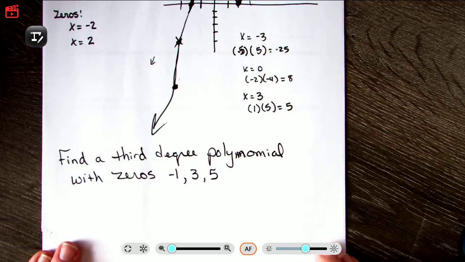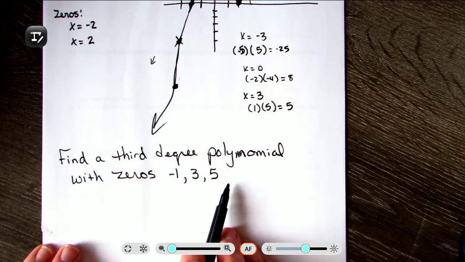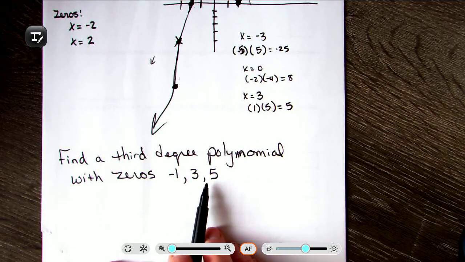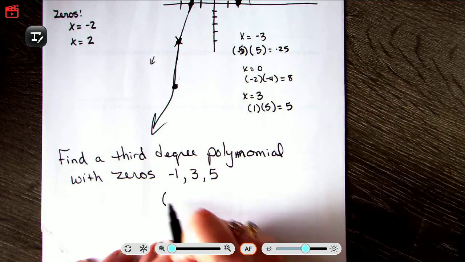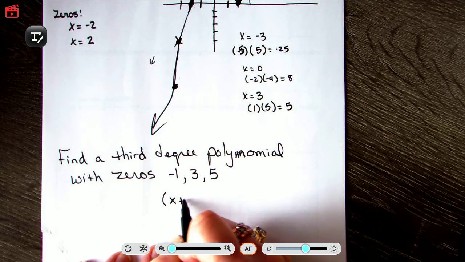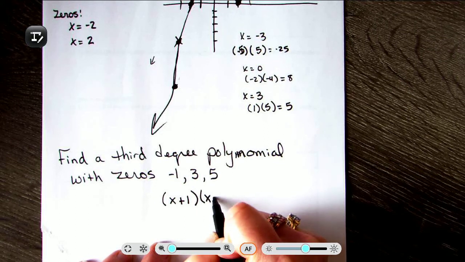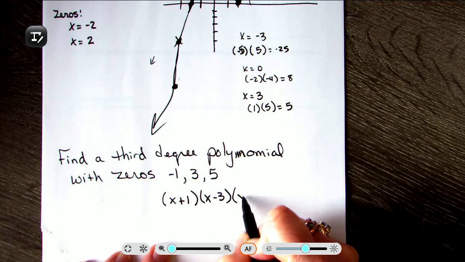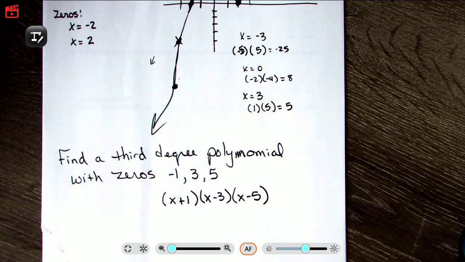All right, so since these are zeros, I know that they come from factors that look like x plus 1, x minus 3, and x minus 5. And if I wanted to multiply those out, I could get that it would be a third degree with those zeros. Is it the only third degree polynomial with those zeros? The answer to that is no.